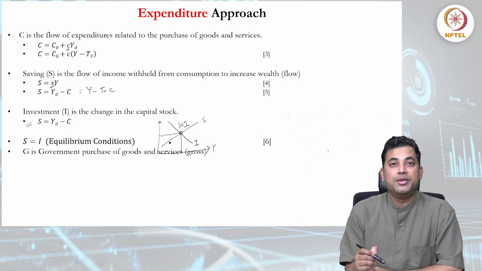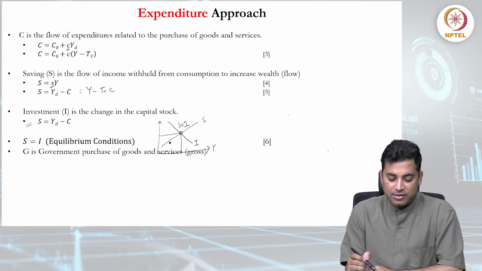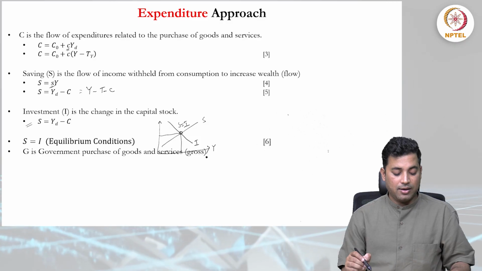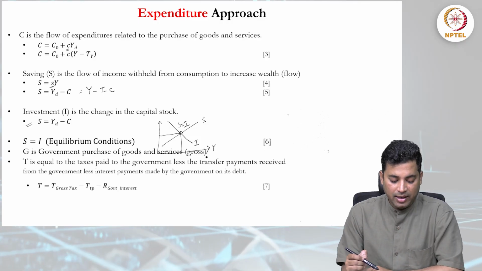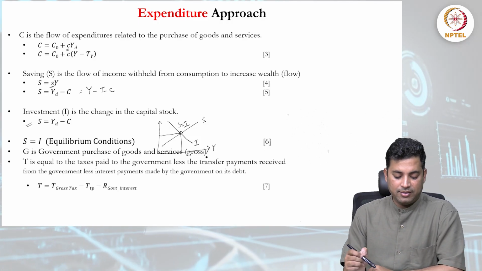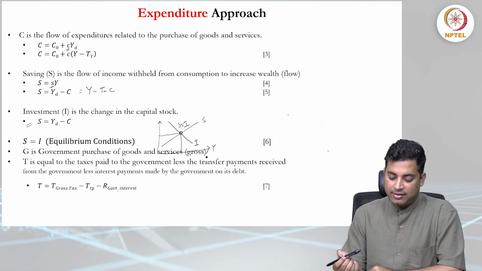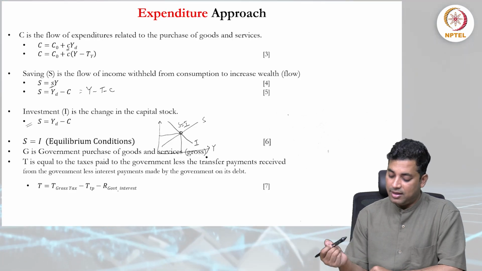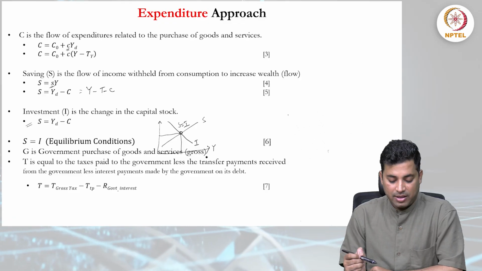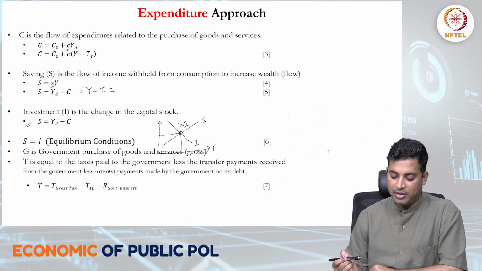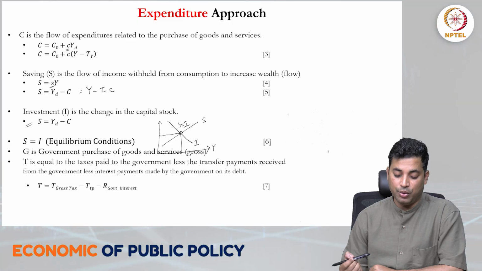Now G stands for government purchase of goods and services, and that is gross. And T, which is very important, is equal to the taxes paid to the government less the transfer payments received from the government less the interest payment made by the government on its debt or loan.